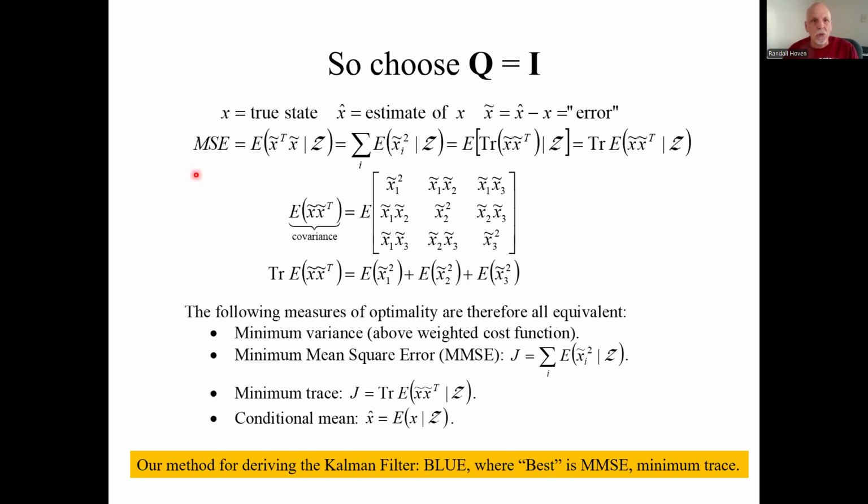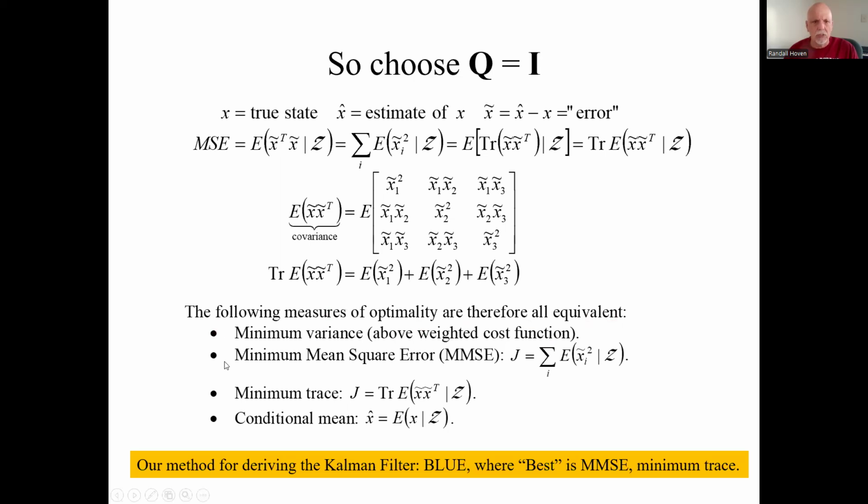So let me jump to the conclusion first. That minimum variance, which had that J cost function on the previous chart, well, all these criteria for optimality are equivalent.